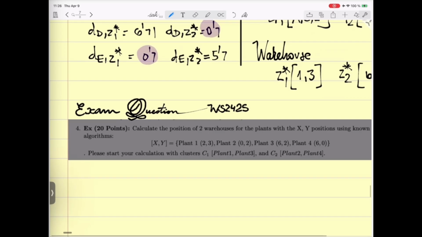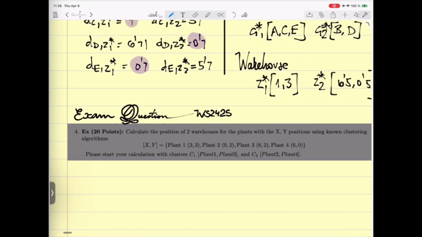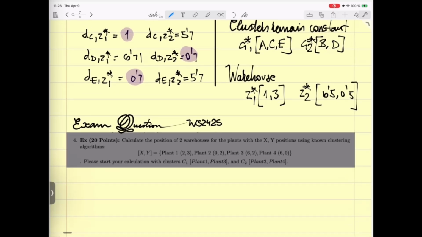Calculate the positions of 2 warehouses. This was 20 points in the exam, okay, out of 100. The positions of 2 warehouses for the plants with X and Y positions using known clustering algorithms. I don't say it's k-means clustering, but you need to know, okay?